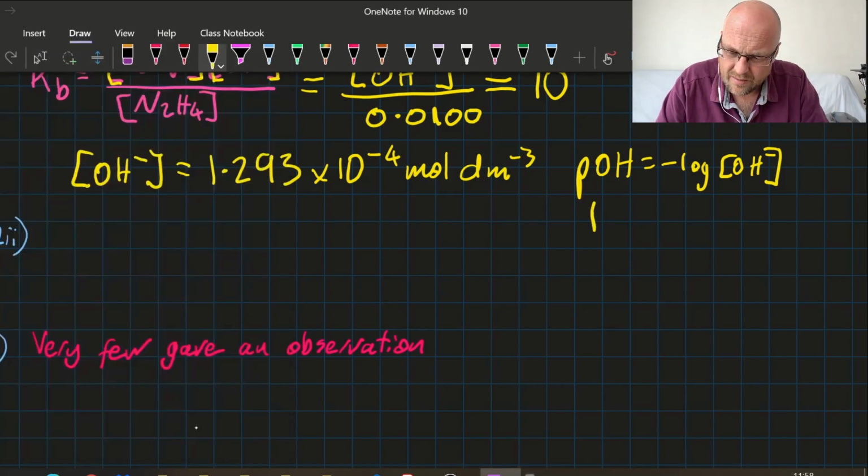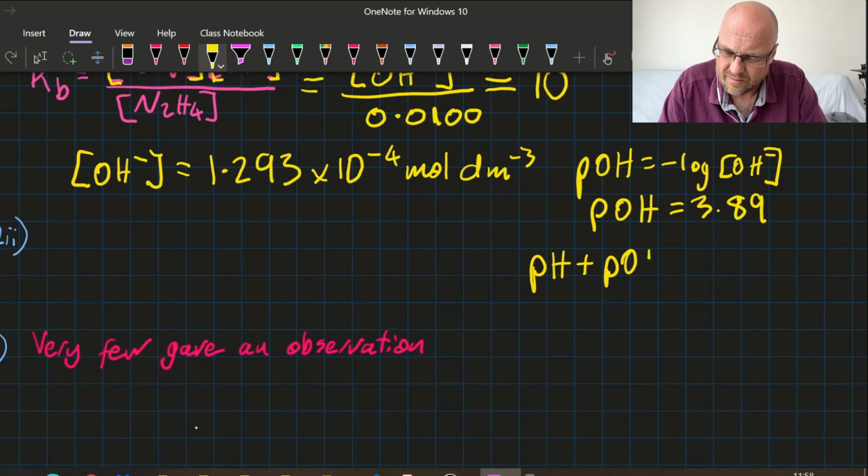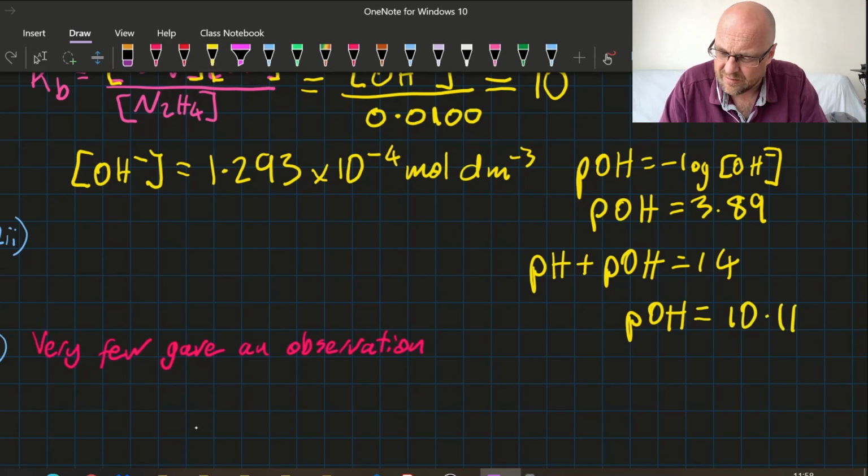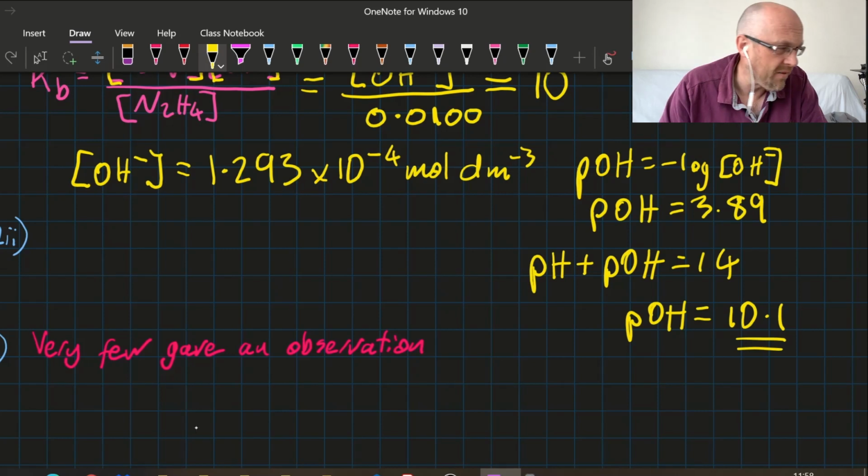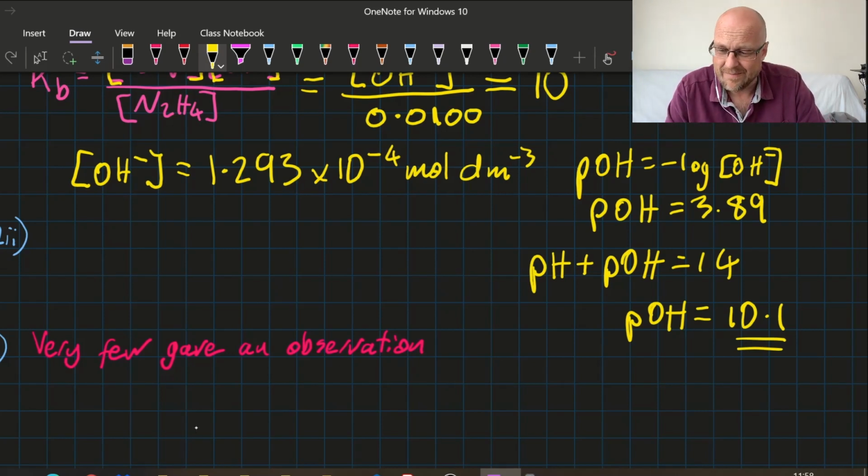So the pOH is 3.89, and I know that pH and pOH add to 14, so that gives me a pH of 10.11. Maybe stick to 3 sig figs. Is that right? Yeah, that's right, and that feels right to me.